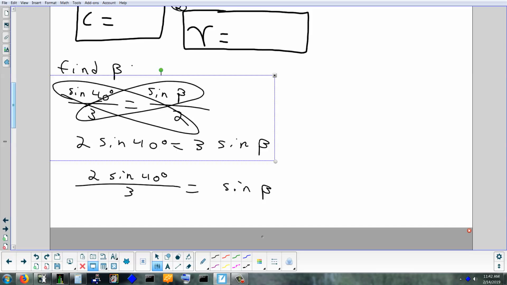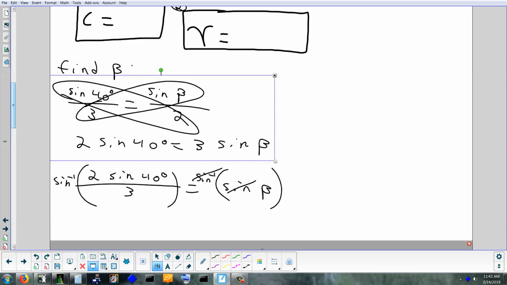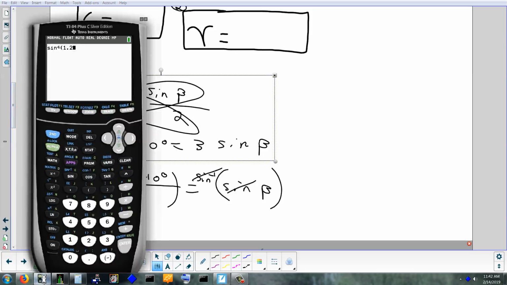So how do I get rid of sine? Inverse sine. So inverse sine of what's on the left, inverse sine of what's on the right. Now we type that in. It's the inverse sine of 2 sine 40 over 3. Second, inverse sine, 2 sine 40, close your parenthesis, over 3.